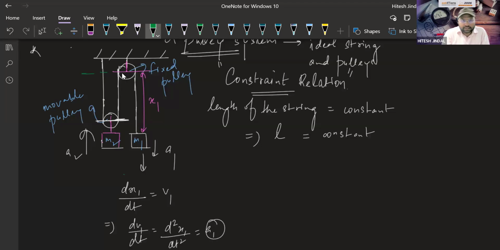Let's consider this length as x2. Can I say this as x2? This is x2. So this is also x2, right?